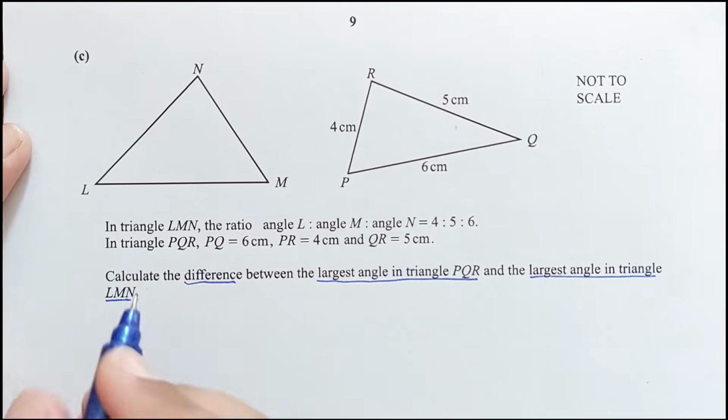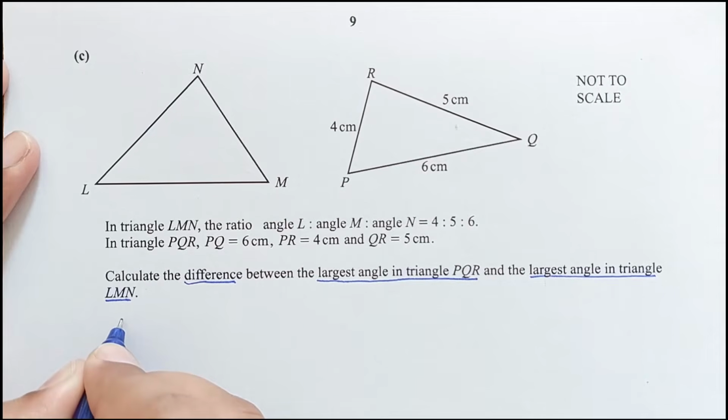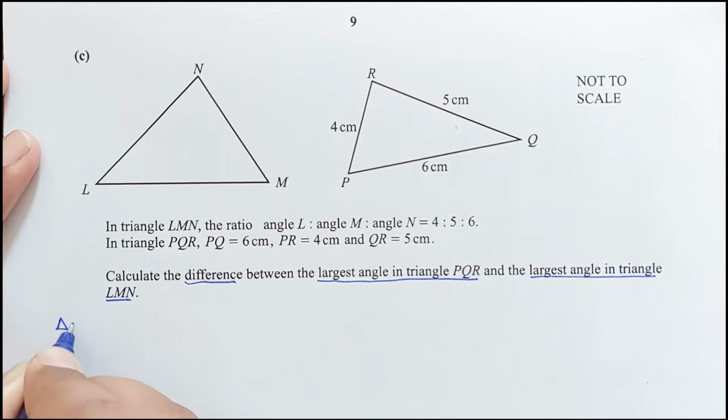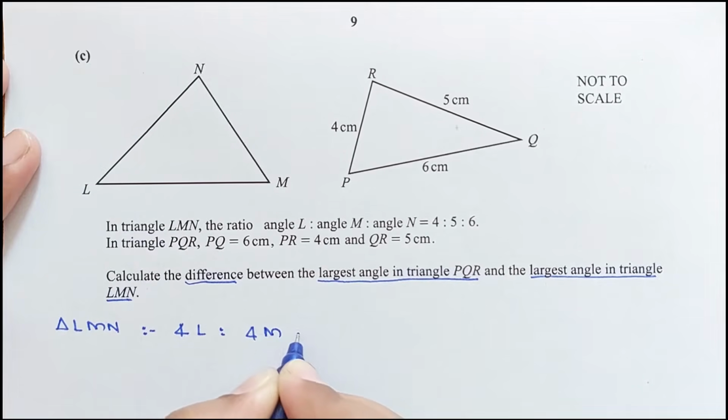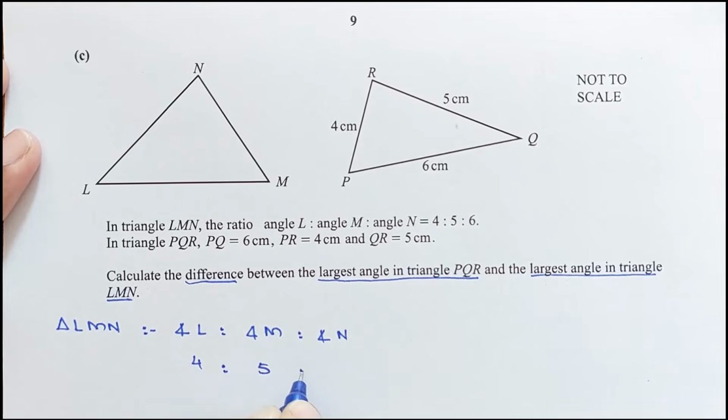So as you can see, we have given that in triangle LMN, angle L ratio angle M ratio angle N is 4, 5, and 6.